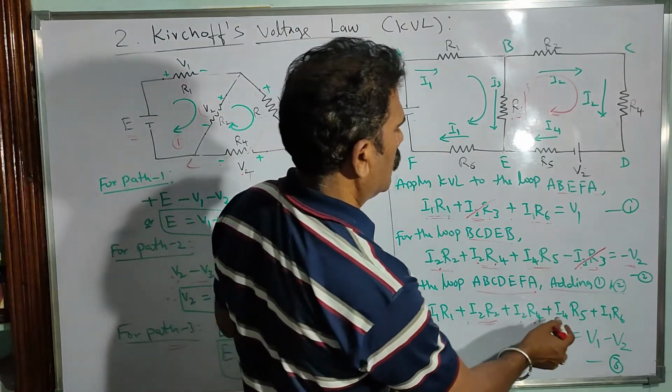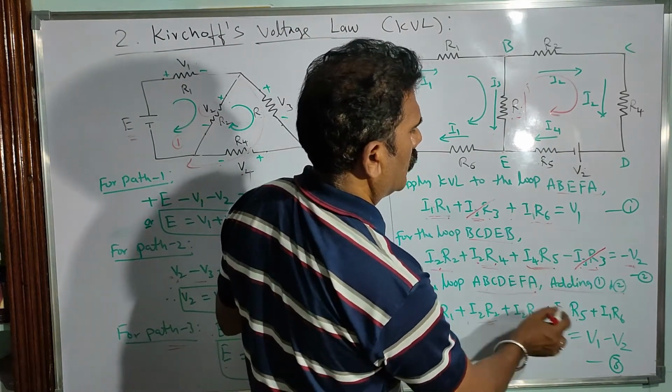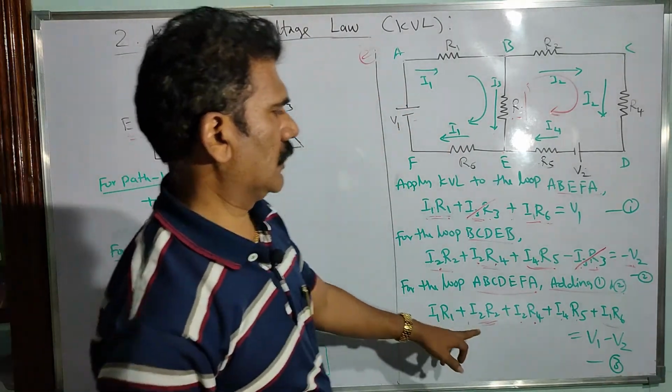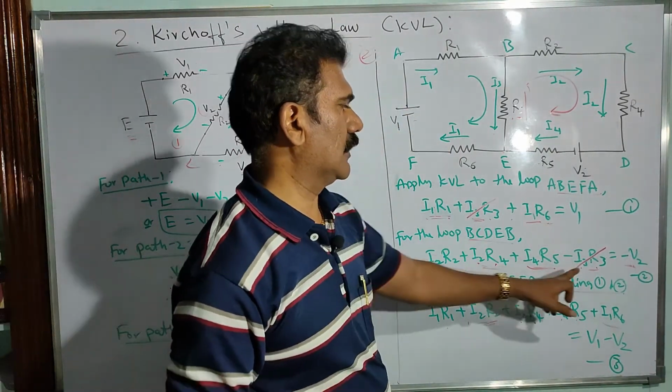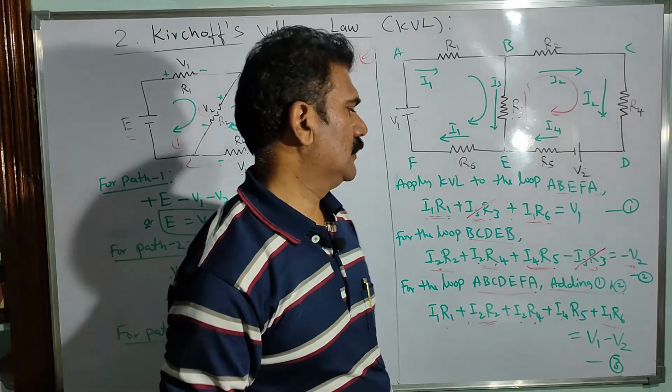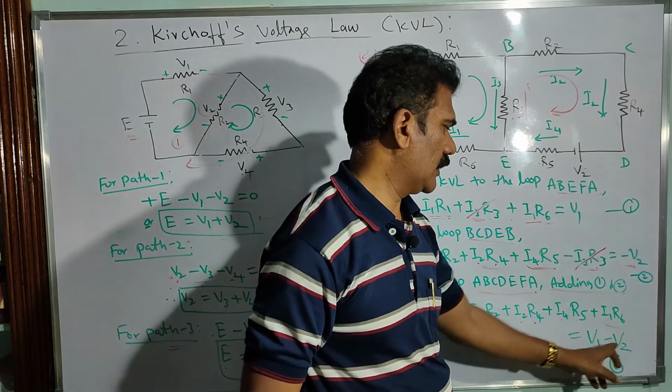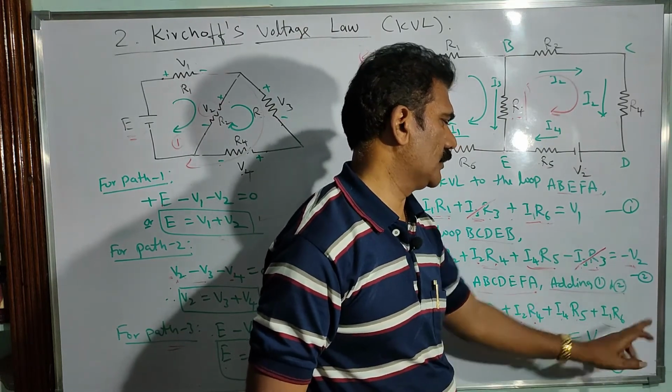So you are left with I4 R5, then I1 R6. Just add the equations, and you will get this equation by cancelling I3 R3 because that has a negative sign. On the right hand side we have V1 and here minus V2. So adding these two equations you will get V1 minus V2.